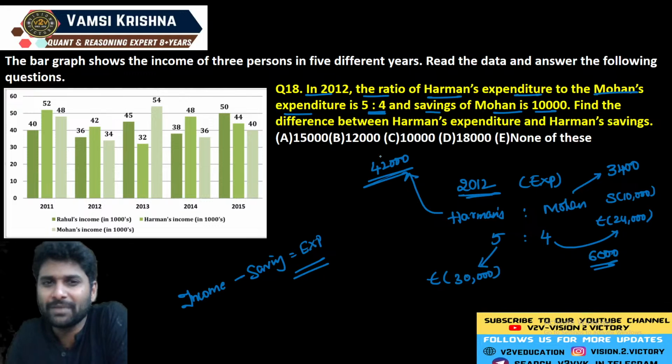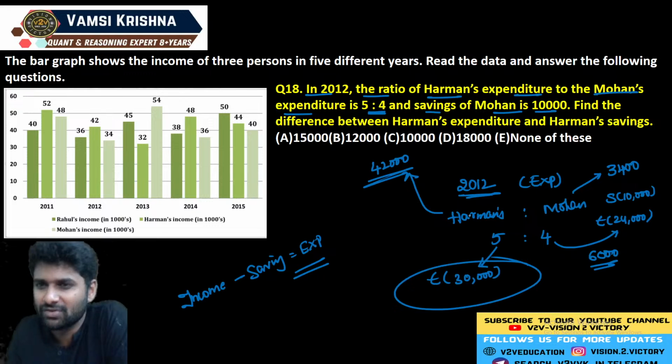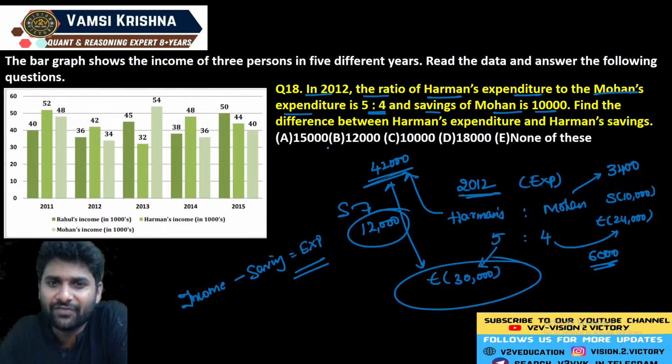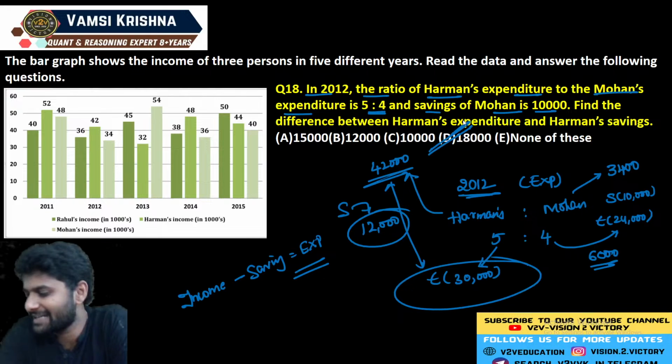Okay, we'll get the data. Find the difference between Harman's income and expenditure. Harman's expenditure is 30,000. So what about Harman's savings here? The difference of 42,000 and 30,000 is 12,000. So Harman's savings is 12,000. Harman's expenditure is 30,000. Here the difference is 18,000.